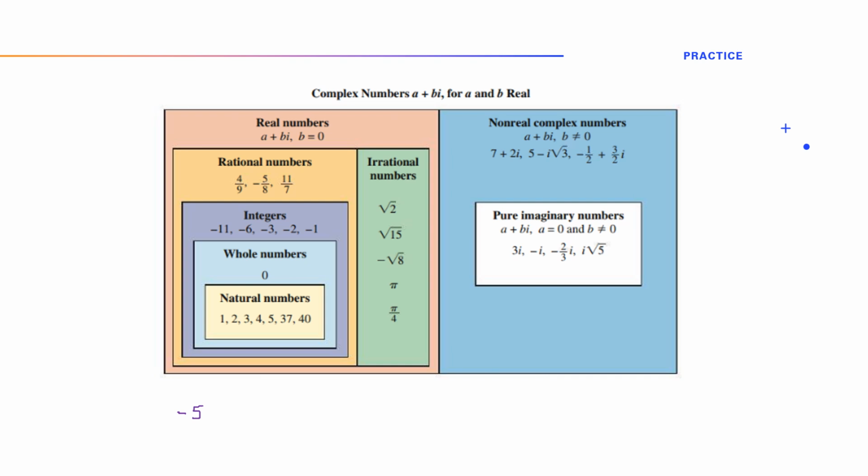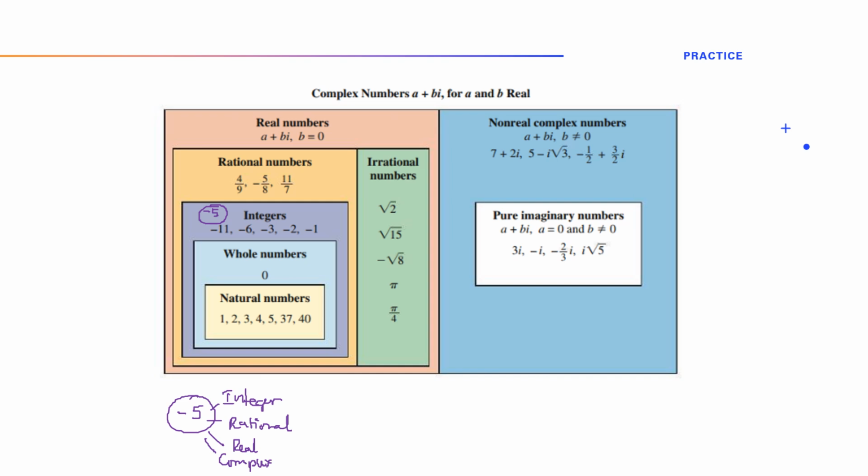So yes, -5 is an integer, and -5 is also inside the rational numbers. So -5 is an integer, rational, and also a real number, and also a complex number.